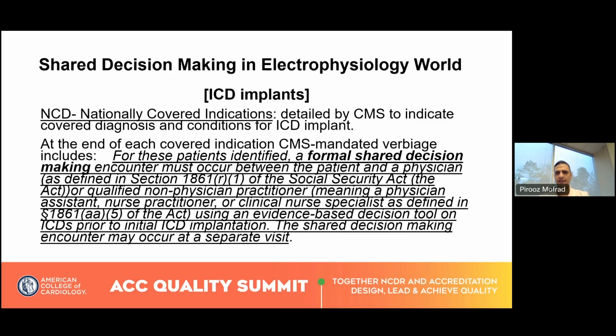It could be, again, a physician extender, any of the above, using an evidence-based decision tool on defibrillators or ICDs prior to the initial implant. And it can occur, again, at a separate visit, but it has to be documented and performed as part of the coverage determination for defibrillator implants.